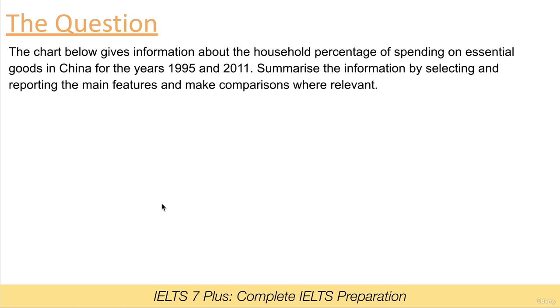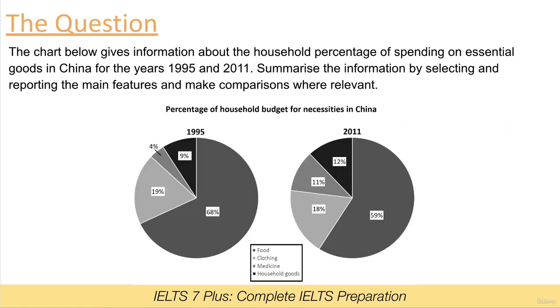Summarize the information by selecting and reporting the main features and make comparisons where relevant. Okay, so let's have a look at the data itself. Right, so we have two different pie charts for the two different years, 1995 and 2011.